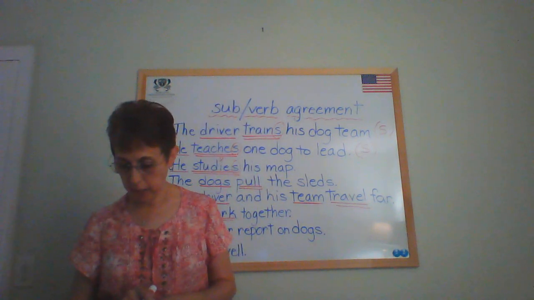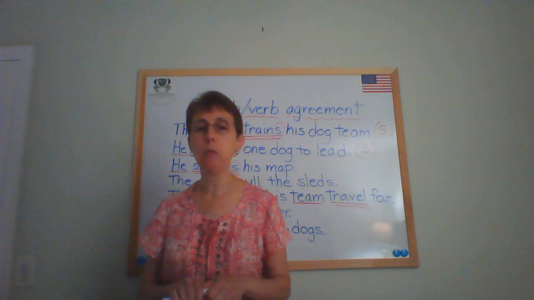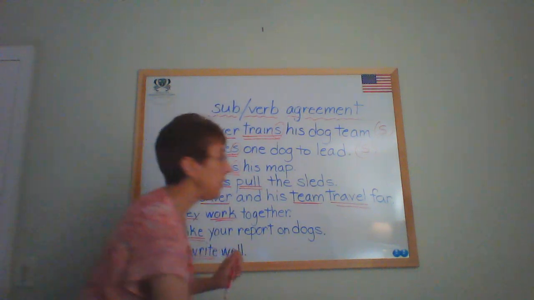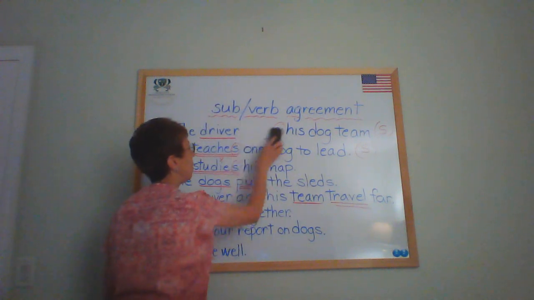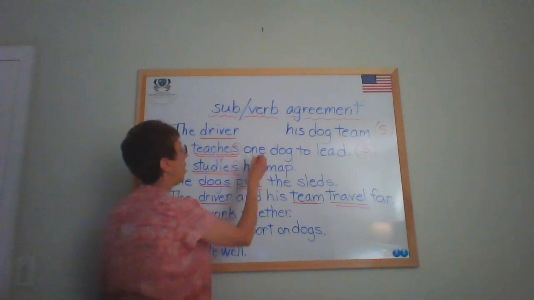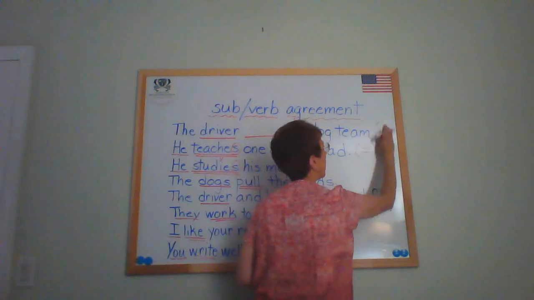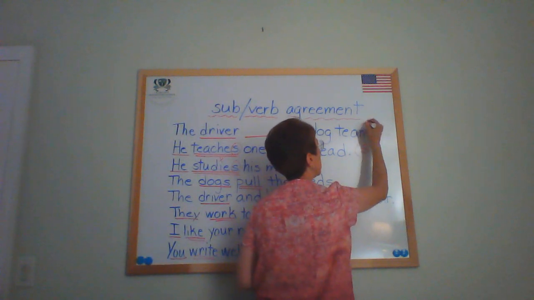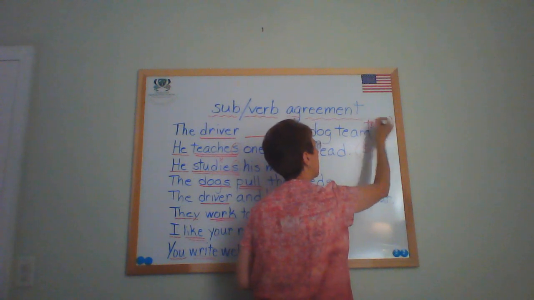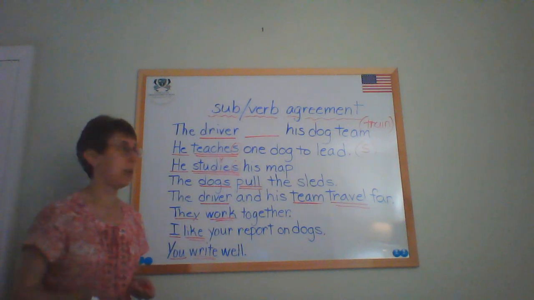In the middle of the page, you're asked to use the correct present tense form of the verb in parentheses. So in this case, for example, if your sentence was the driver blank his dog team, and in parentheses you had the word train, then on the blank you would just need to write the form of train that you would use.